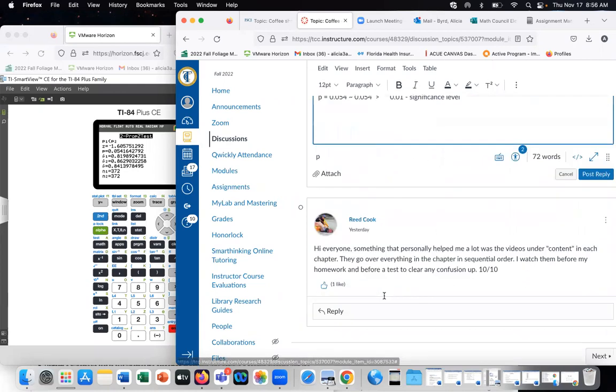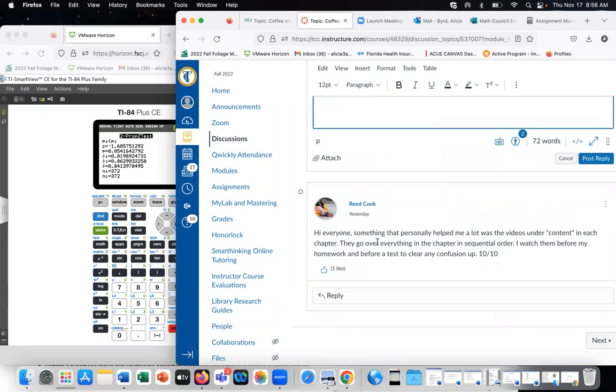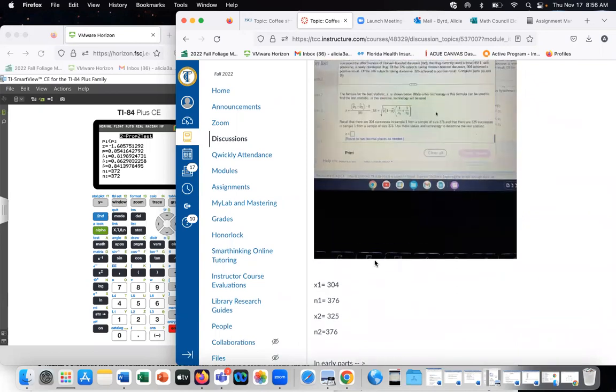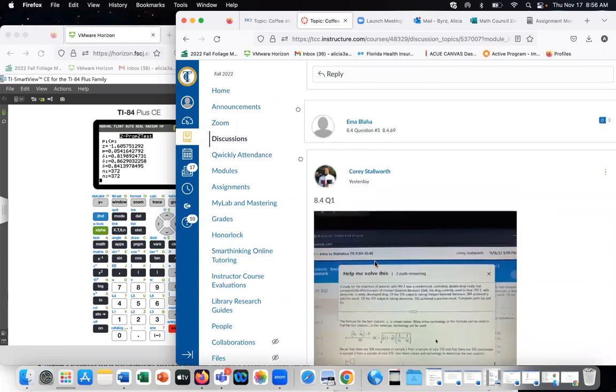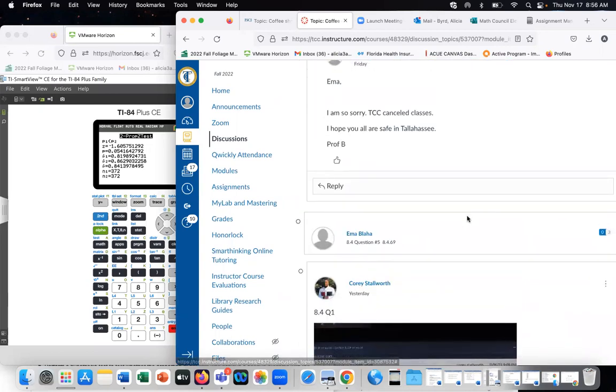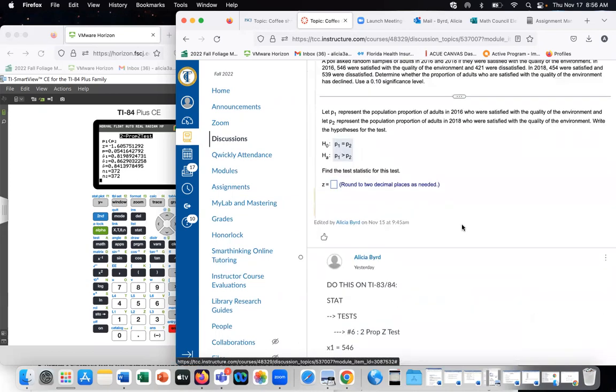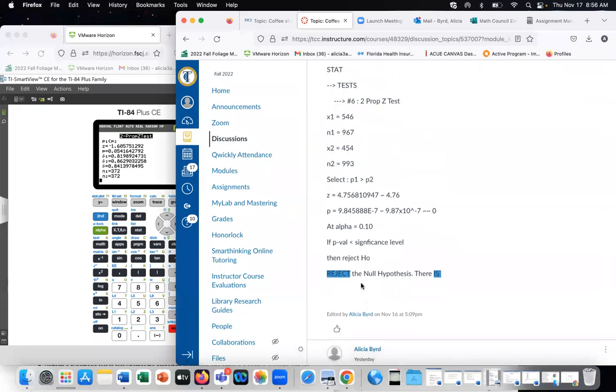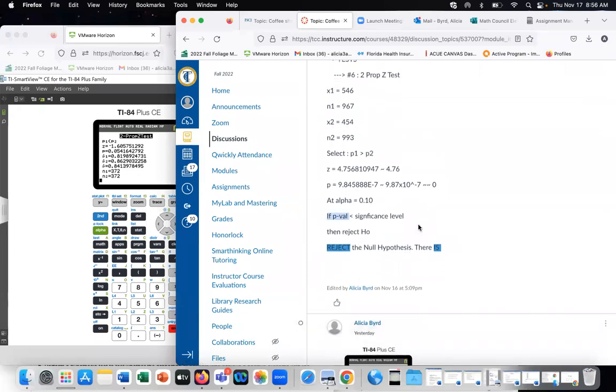And Reed is ahead and he's offered to help when people have questions. I sat there for a while last night, going in and adding more to the problems that Emma had asked, because it showed you the test statistic and things we were doing for these. So if your p-value is less than, you reject.